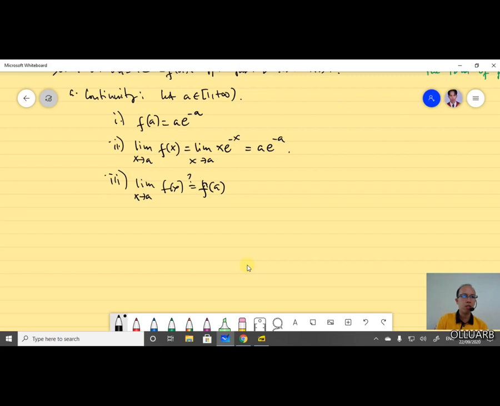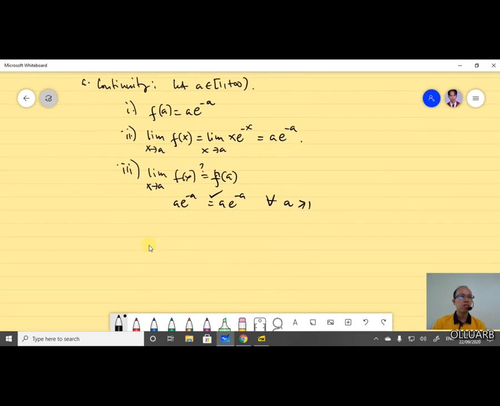Are they equal? This is a e to the negative a, and they are equal for all a greater than or equal to 1. Next, is this positive valued?